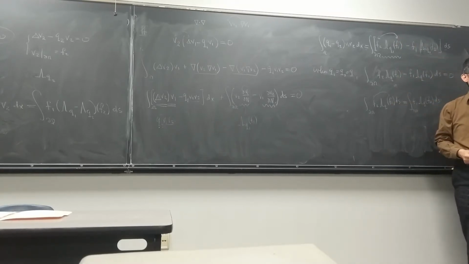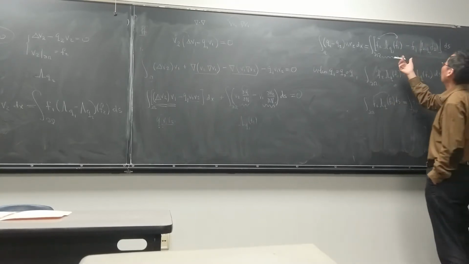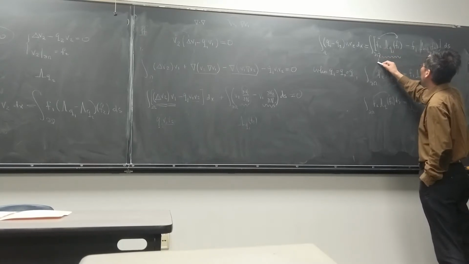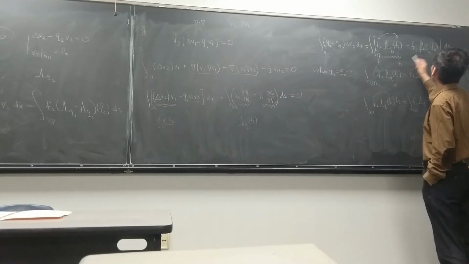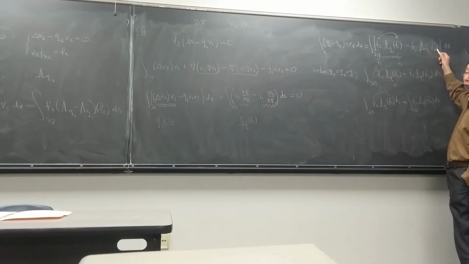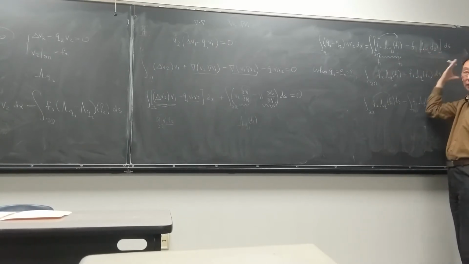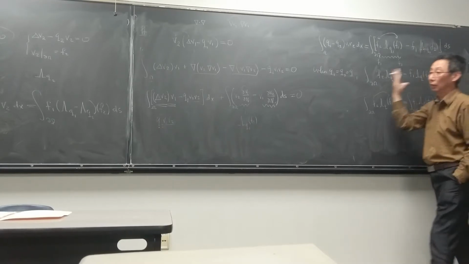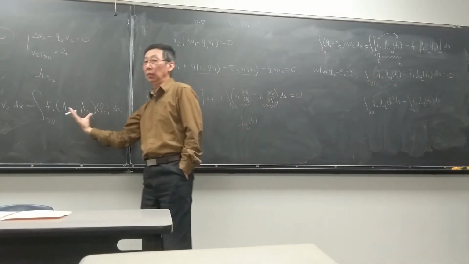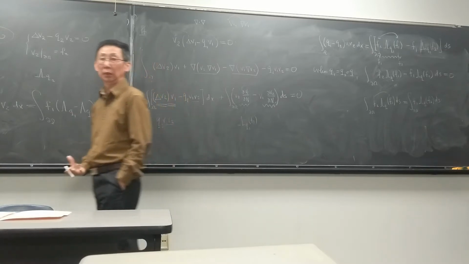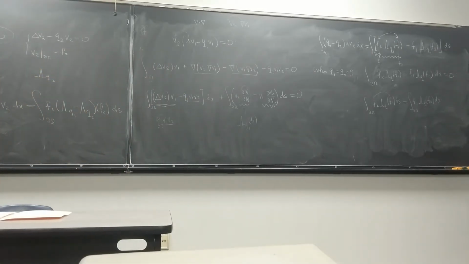Now if I switch, then this will become F1, then this one will become F2, right? Then here is also F2. So they have a common factor. You can take this out. Once you take it out, this is exactly the right side integration. That's it. So that's the proof of the identity. The proof is very elementary. Basically, it's just computation.